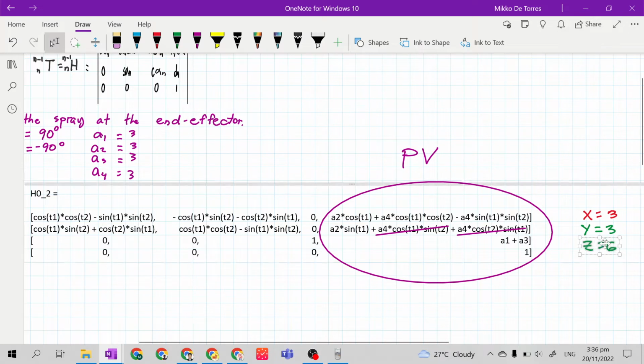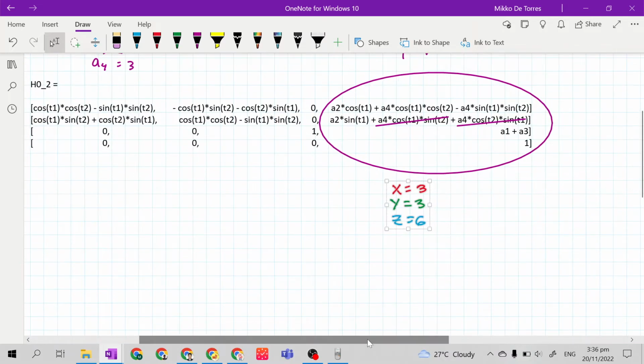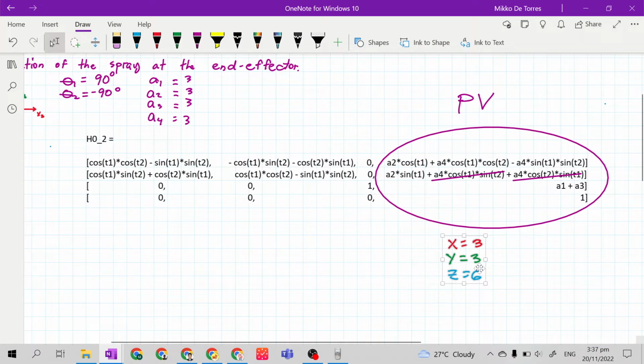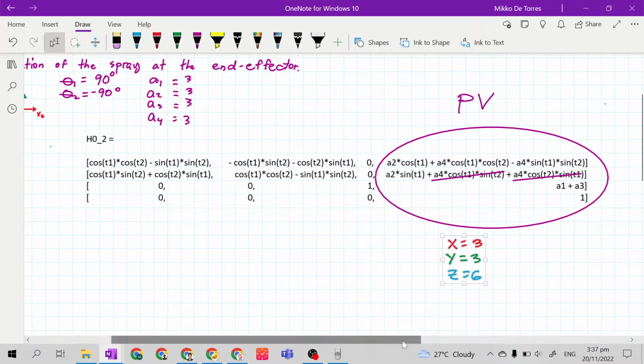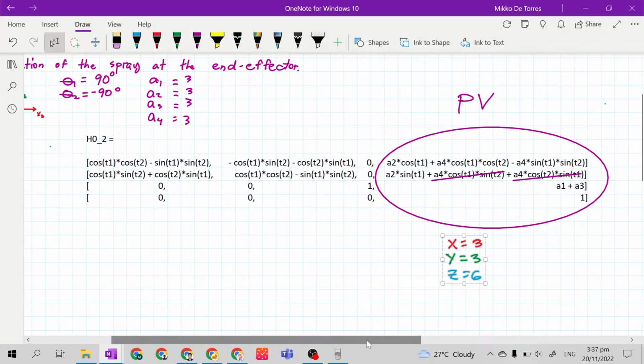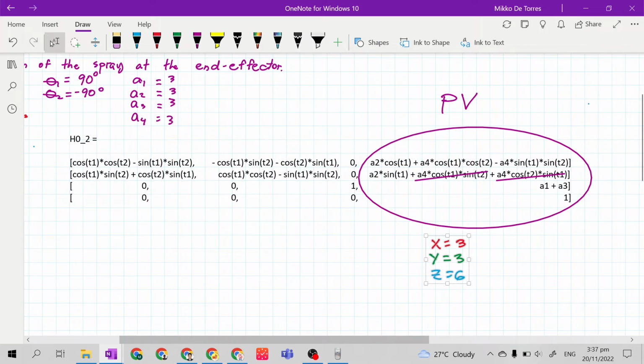So this is your position vector, your values for the x, y, and z coordinates. What this is telling us is the end effector will be positioned at x equals 3 units, y equals 3 units, and z equals 6 units.